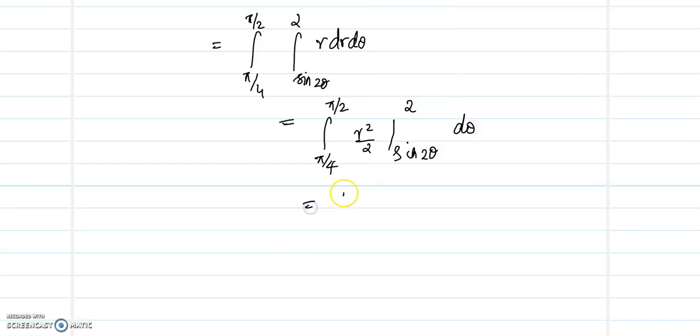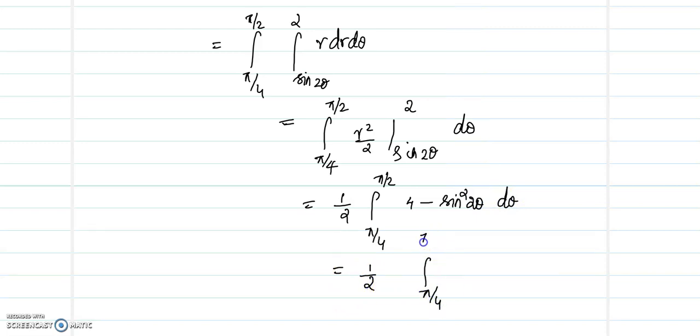So applying the limits, let me take 1 by 2 outside. Then integral pi by 4 to pi by 2, 4 minus sine square 2 theta d theta will come. Now this can be written as 1 by 2 integral pi by 4 to pi by 2, 4 minus (1 minus cos 4 theta) by 2 d theta.